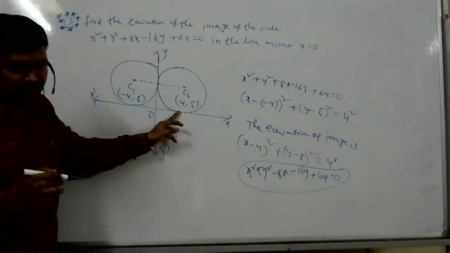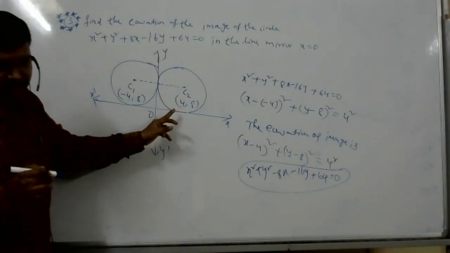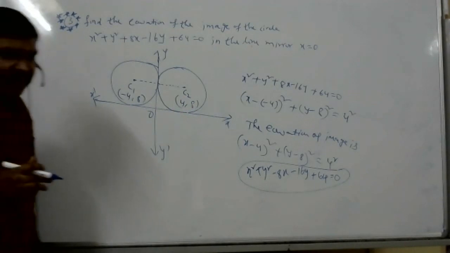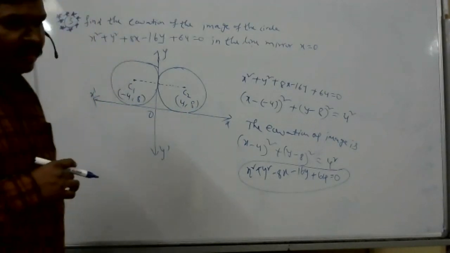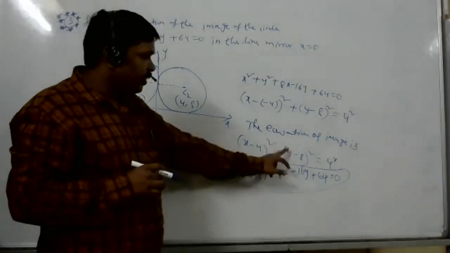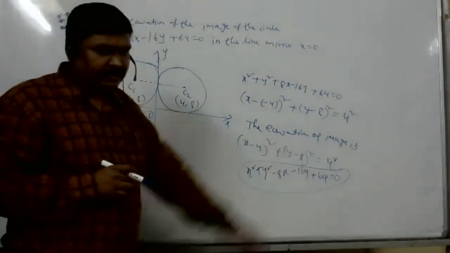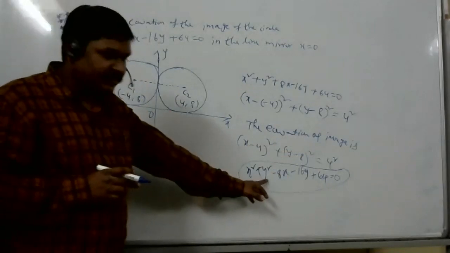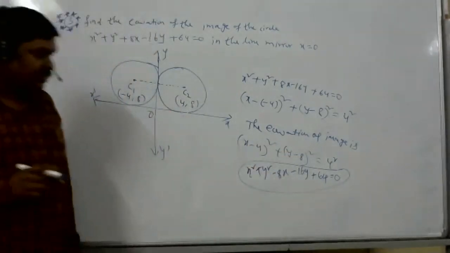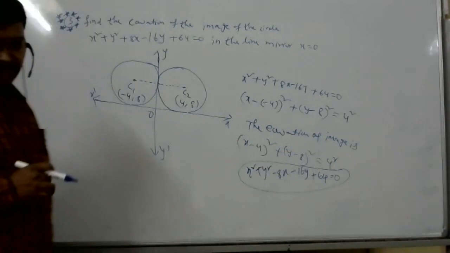Okay, got it. Understood? Yes, sir. Then the equation of the image is (x minus 4) whole square plus (y minus 8) whole square is equal to 4 square. Then x square plus y square minus 8x minus 16y plus 64 is equal to 0.